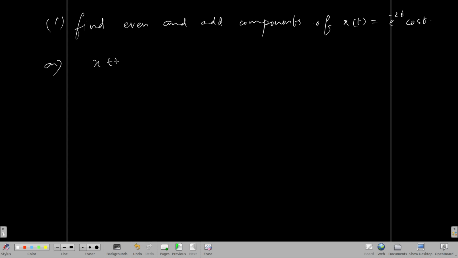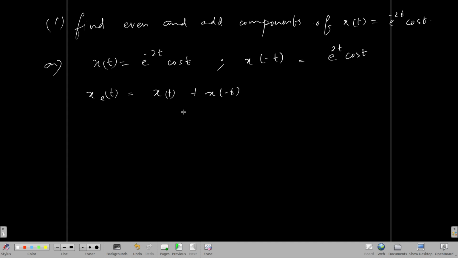We have x of t is equal to e to the power minus 2t into cos t, and we have x of minus t is equal to e to the power 2t cos t, right? So what is the even component? X e of t is equal to x of t plus x of minus t, divided by 2.